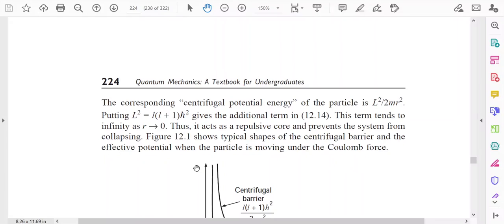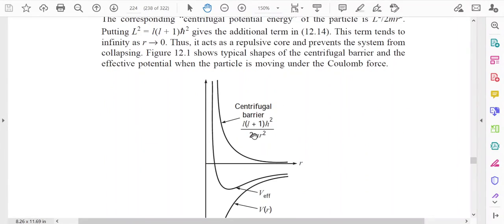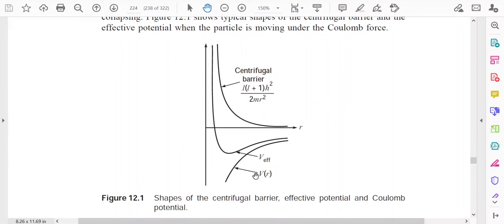If we plot the centrifugal barrier, this term L(L+1)ħ² by 2mr², this axis is the potential axis, and this is the distance of the particle from the axis. This curve is the centrifugal barrier, and the one below, the V(r) curve, is the normal potential.